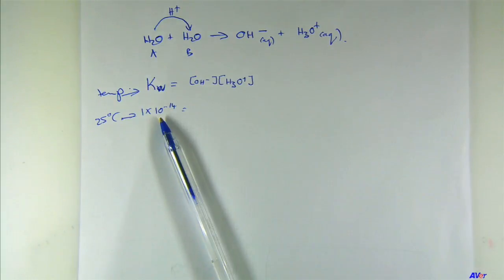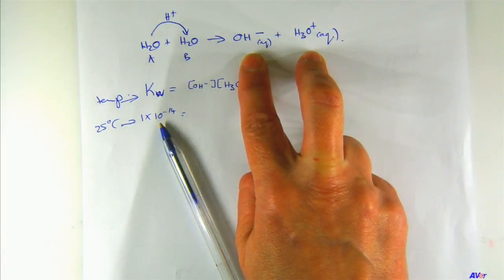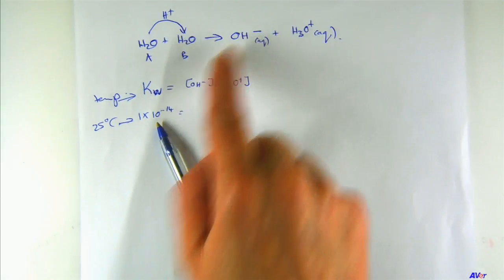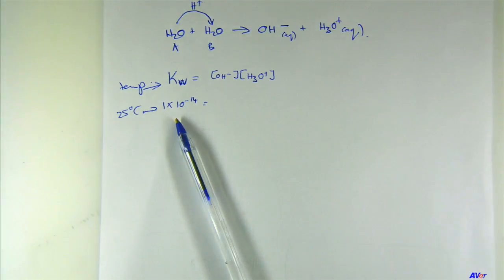So if I take this water in this bottle and I was able to count which of these H2O molecules occur as molecules and which of them have split up into OH minus and H3O plus, how many of them will be H2O molecules and how many will have split up into ions? Nearly nothing is in the ionic form. Once you take the ions in there and you multiply them, you get 1 times 10 to the minus 14.